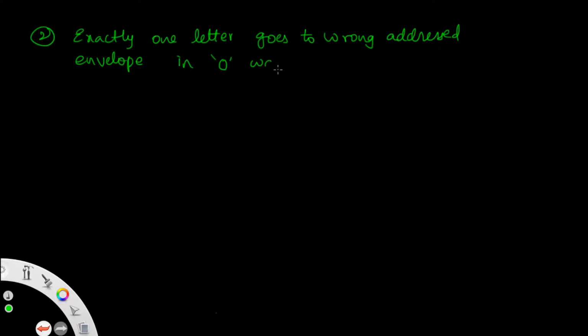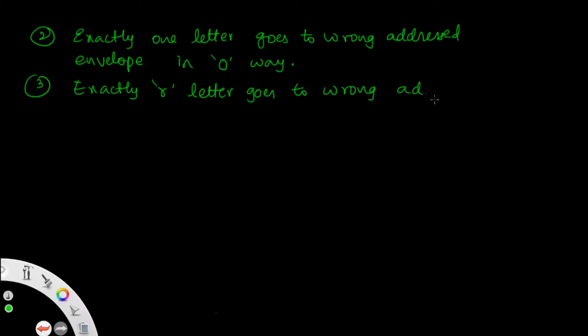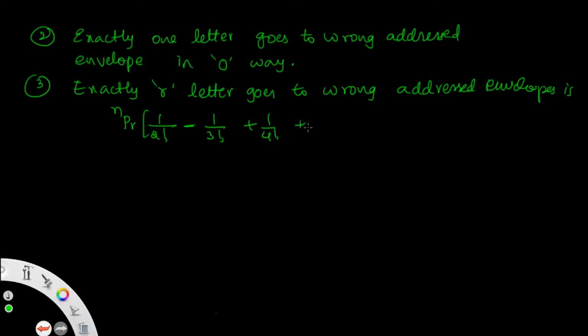They cannot, so that is zero ways. And the third point, exactly r letters go to the wrong addressed envelopes, which is nothing but derangement of things. We just completed this: nPr into 1 by 2 factorial minus 1 by 3 factorial plus 1 by 4 factorial, and so on, minus 1 whole power r by r factorial.